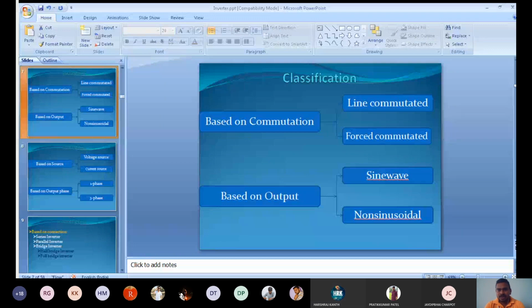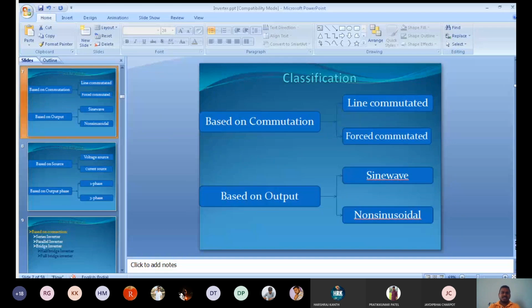Yes, sir. Okay, now next classification is based on output. Based on output, that means which type of output we are getting from the inverter. Generally there are two main types of inverter based on output: the sine wave inverter and the non-sinusoidal inverter.